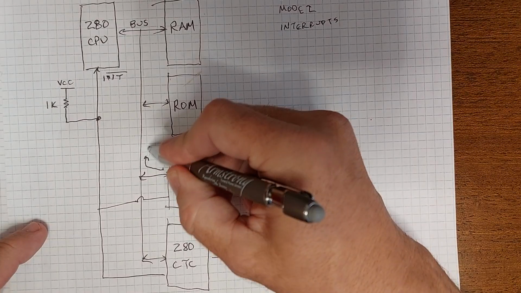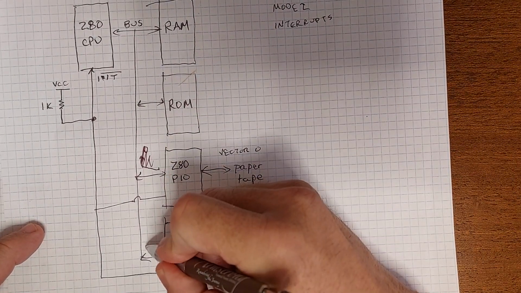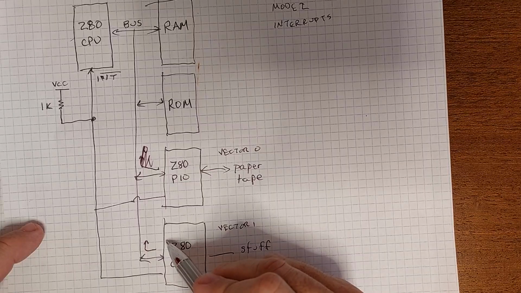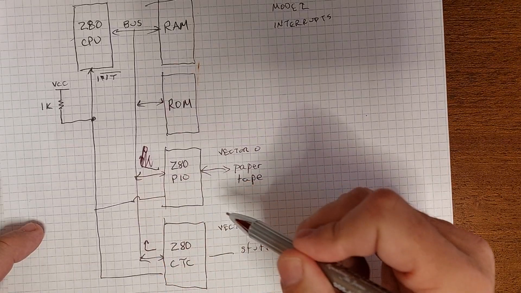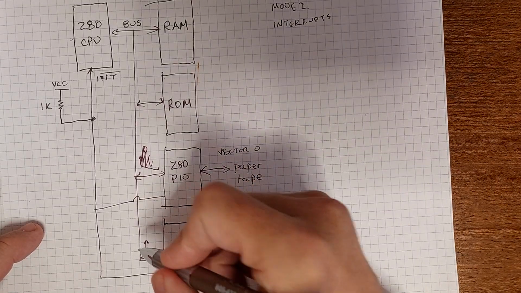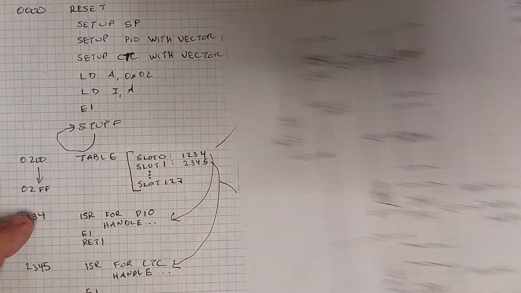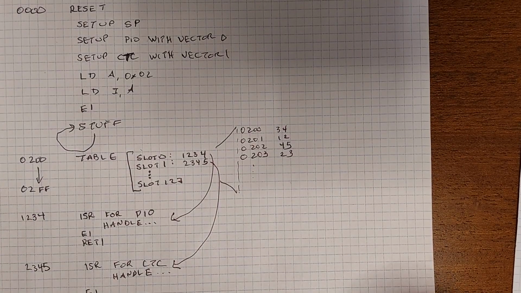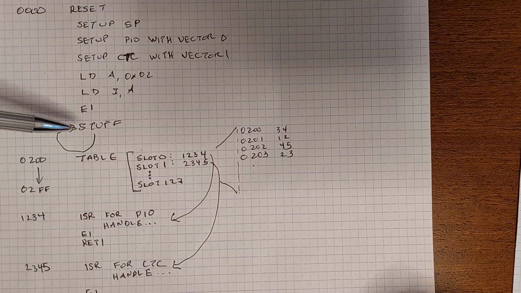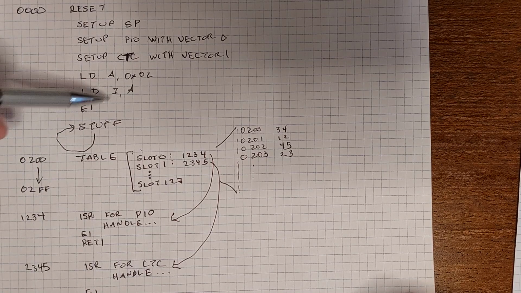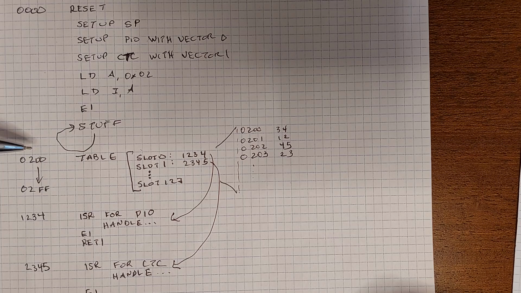interrupt. So the CTC now, when it interrupts and the Z80 responds, it picks that up off the bus pins and says, aha, interrupt acknowledge cycle. Now it throws a 1 onto the bus. The Z80, as part of its interrupt processing, reads the 1 off the bus, combines that with its I register and says, okay, I need to go to slot 1.